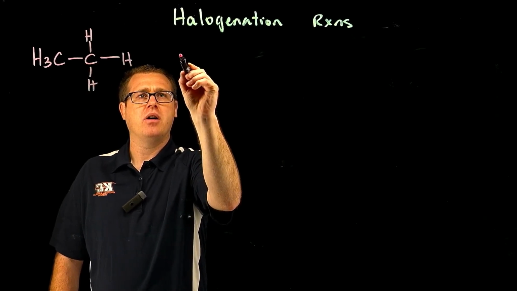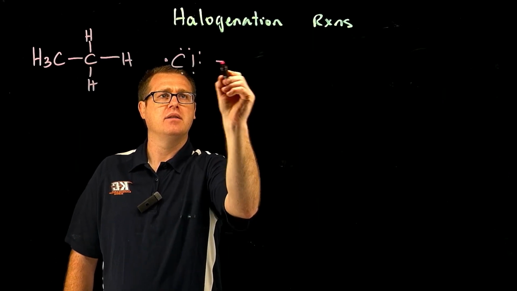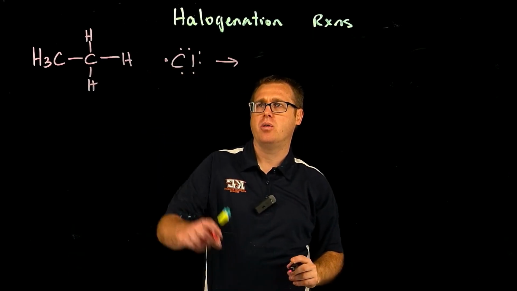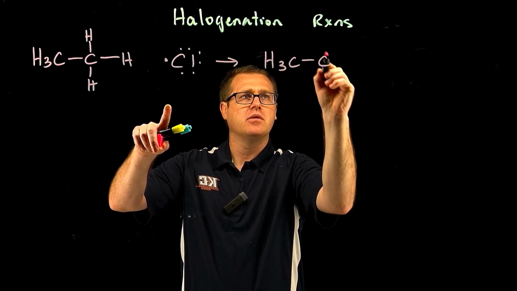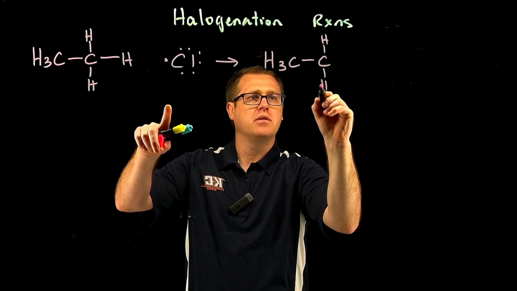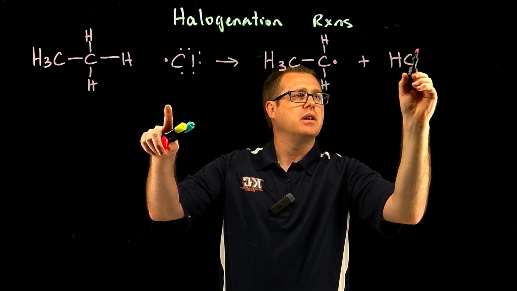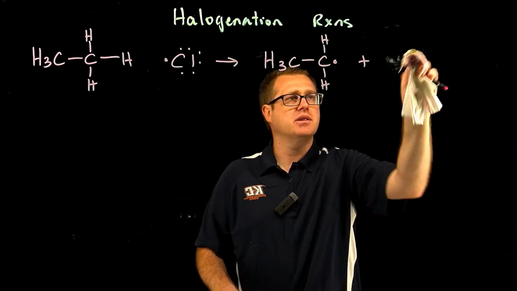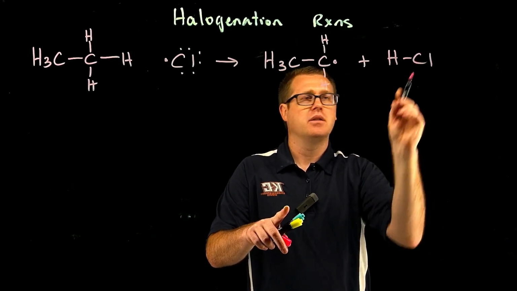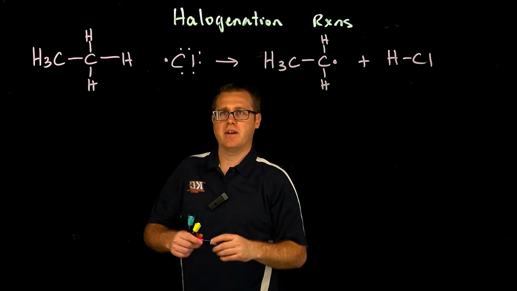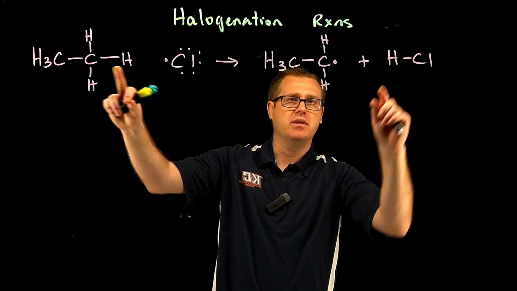And then we have our chlorine radical right there, and that's going to go and form this. Let's keep the bonds separate here. Like that. So what do we have here?